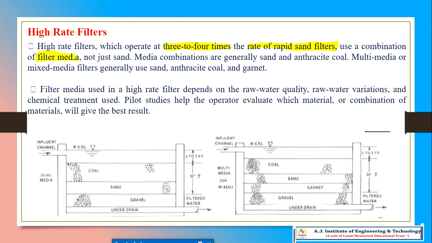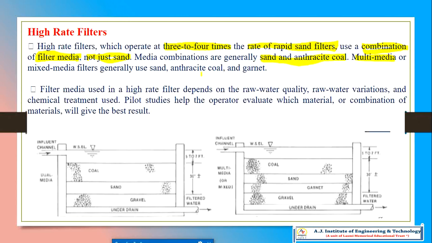Here we use a combination of filter media, not just sand. We also use media, generally sand and anthracite coal. This is the multi-layer. Multimedia or mixed media filter is generally used. I told you there are types: single media, dual media and multimedia filter.